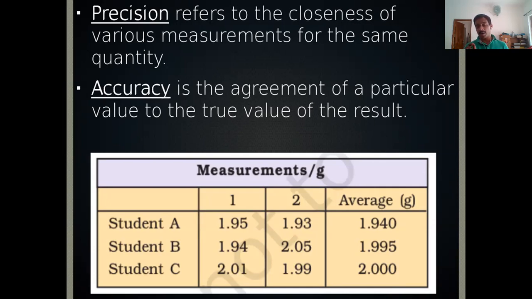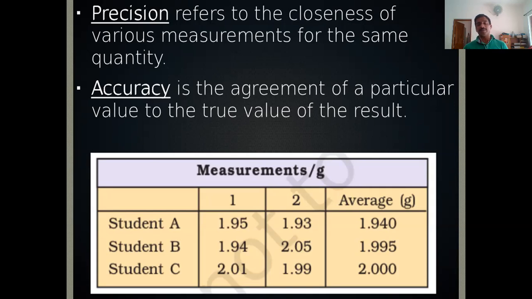There is a considerable difference between 1.94 and 1.995. Similarly, 1.995 and 2.05, there is a considerable difference. So we cannot say it has precision. And accuracy, if you know the exact value, then only you can say whether it has accuracy. So student B has no precision. His measurement is not precise.